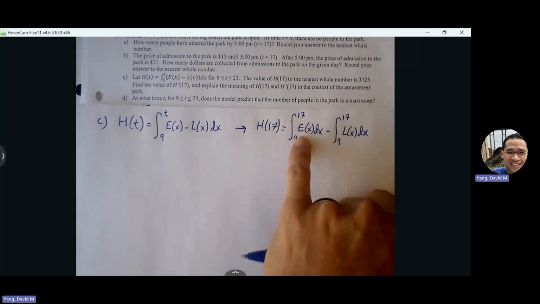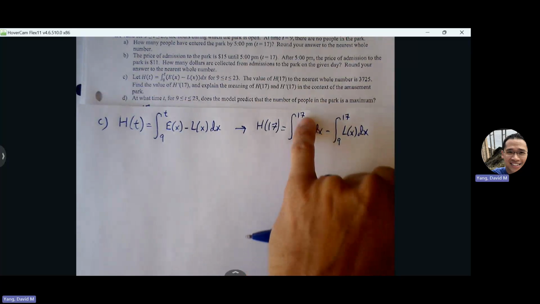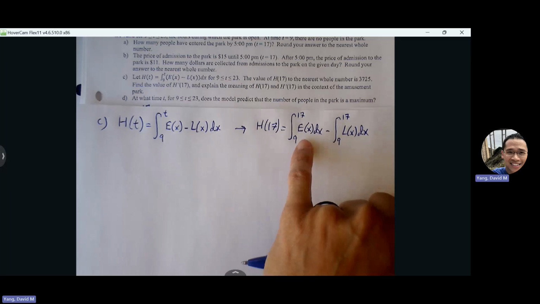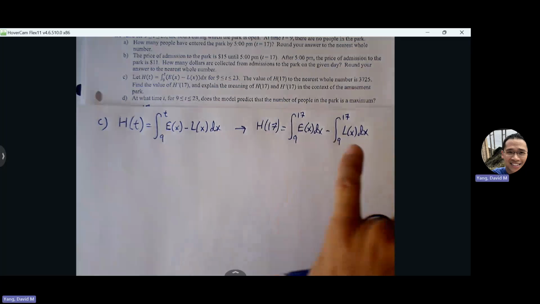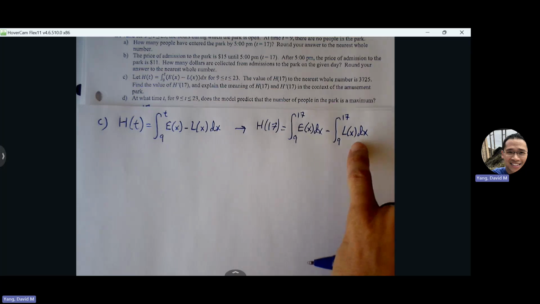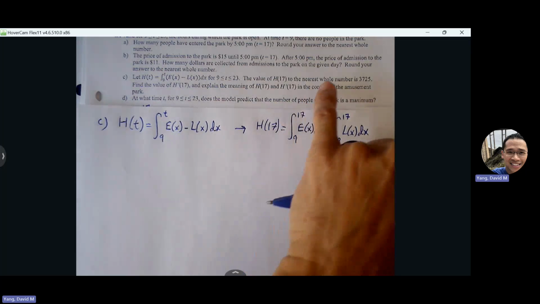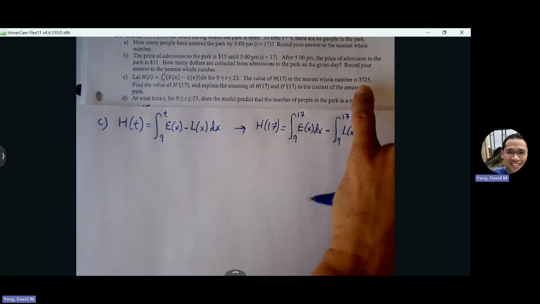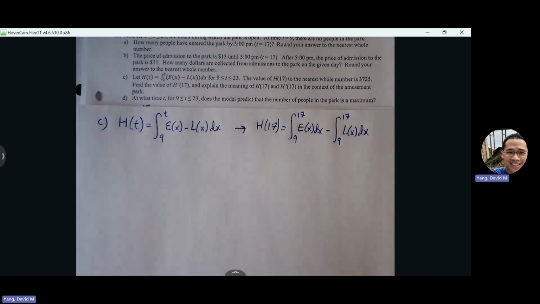The integral from 9 to 17 of E of x means the number of people who have entered the park in that time period, and then we subtract out the number of people who've left the park. So what do you think this h of 17 means? Because they say that it's 3725. People who are left in the park, right? You count all people who come in through the gates, and then subtract all people who've left, and what's left over is the number of people who are left in the park.